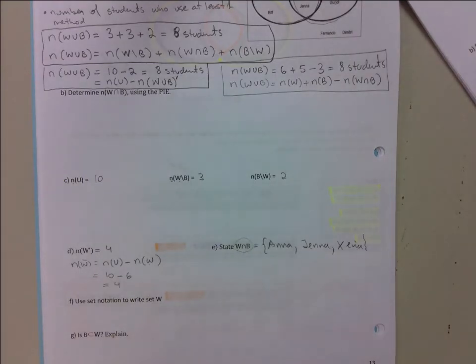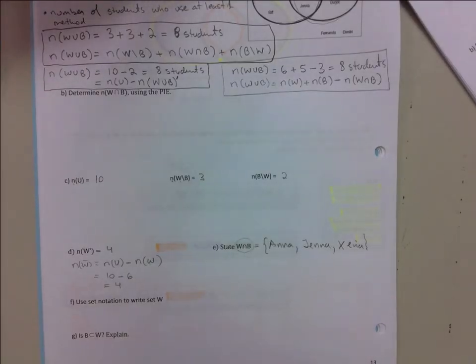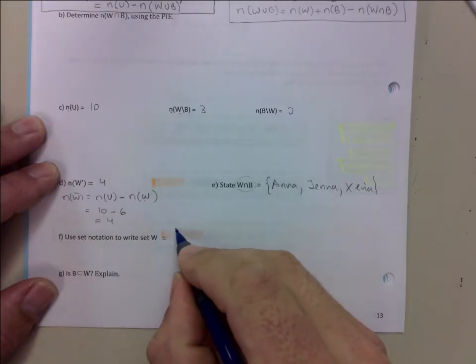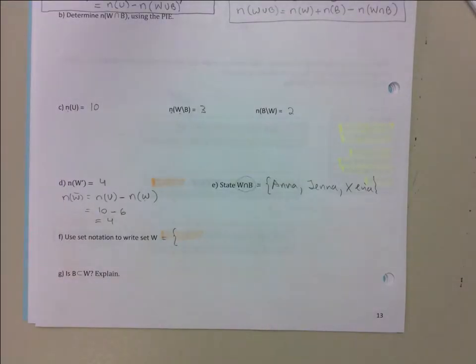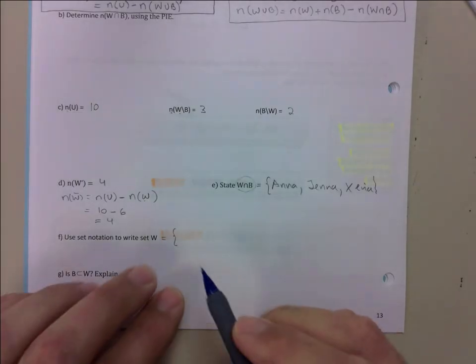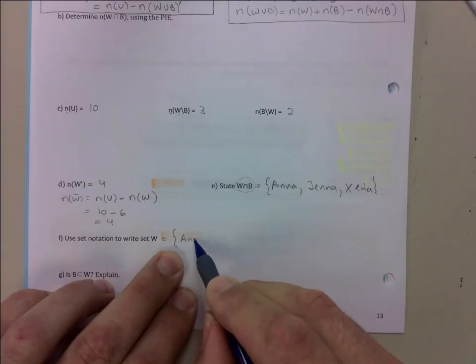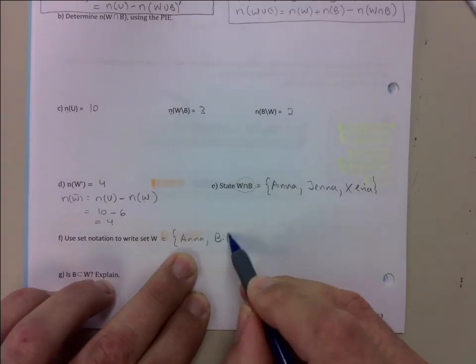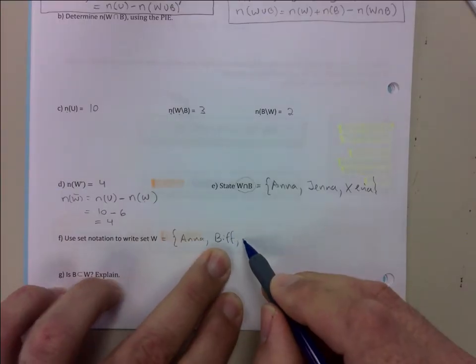Use set notation to write set W. Who is in W? We'll just do this. W is all of W, guys. So the whole circle. I'm going to go Anna. Who's next? Biff. I try to make it somewhat easy to have. So Chip.